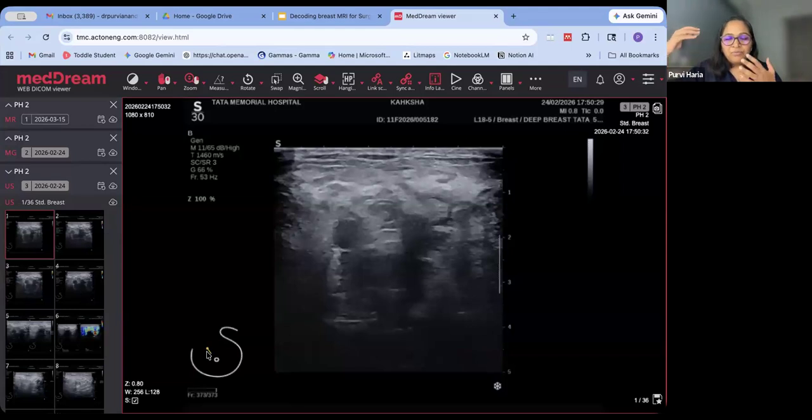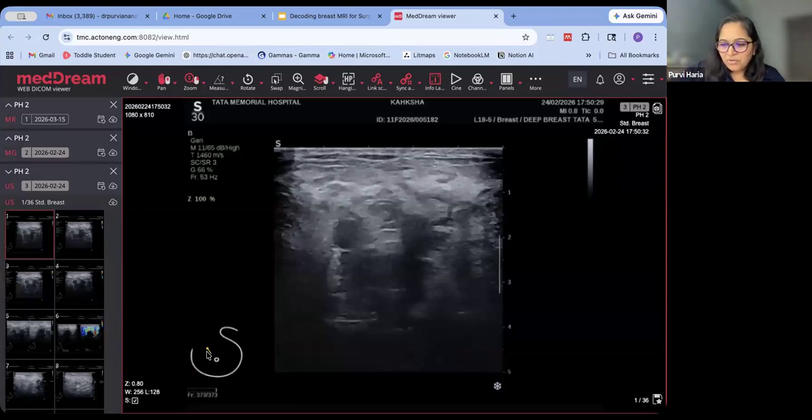So am I looking at the MR for disease extent? Am I looking at the MR for a screen? Is it a screening MR, or is it something where there was a clinical radiological discordance and they were palpating something in some other quadrant, and we could not find that on mammogram and ultrasound?